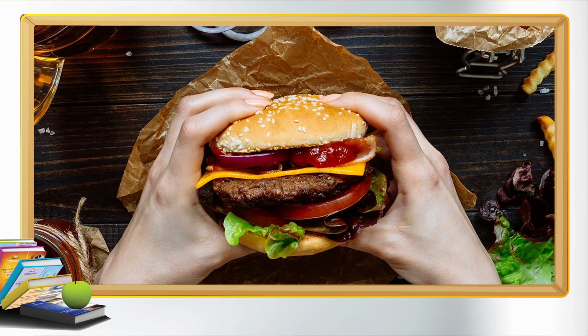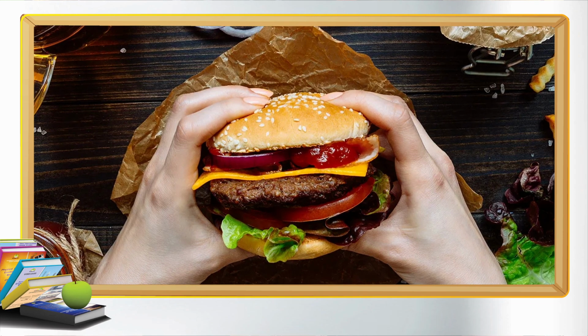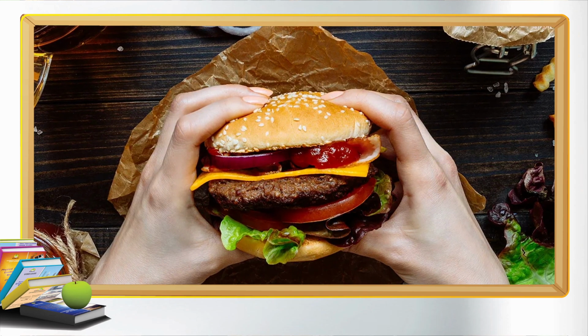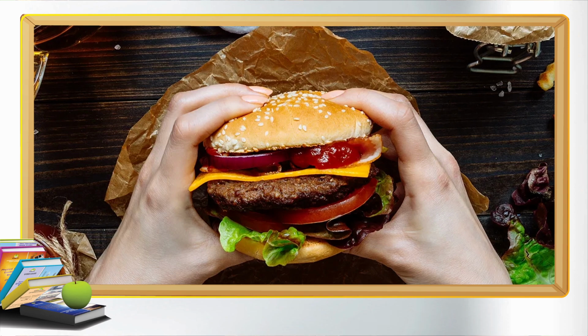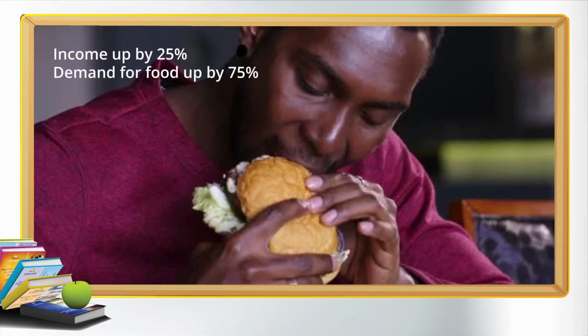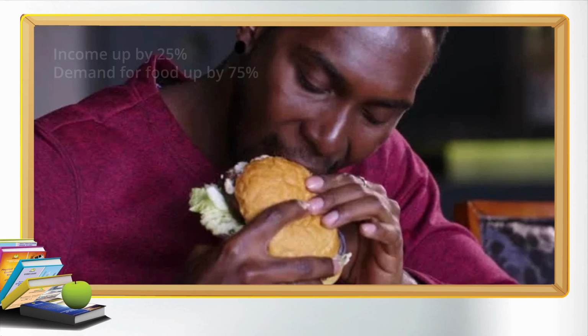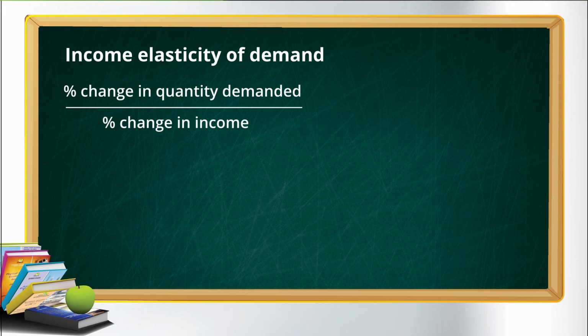Let's calculate an example. Say that recently the average income level has gone up by 25%, which has resulted in more people eating out. Consumers have been spending their extra money on food consumption by 75%. We can calculate the income elasticity of demand based on this given information.